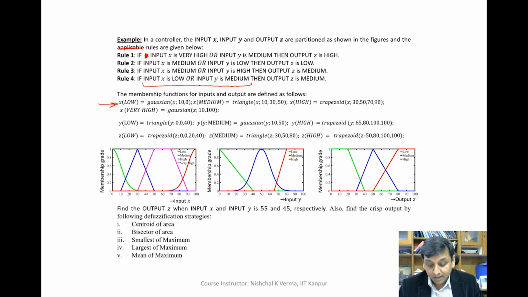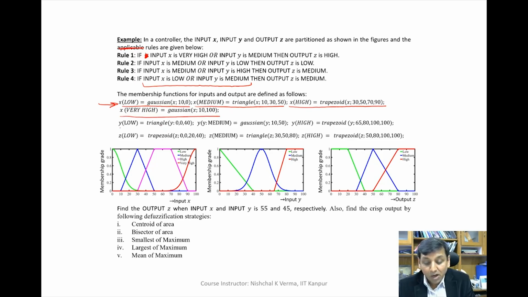The mean here is 0 and the standard deviation is 10. Similarly, X medium is a triangular membership function. Then X high is a trapezoidal membership function, and then X very high is a Gaussian membership function.